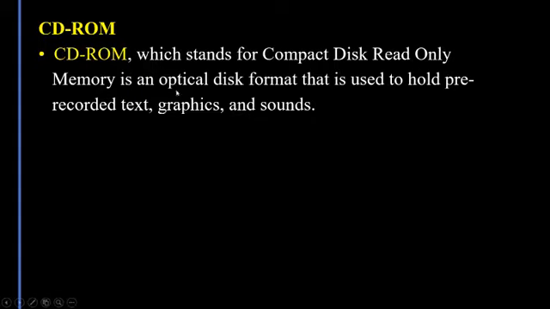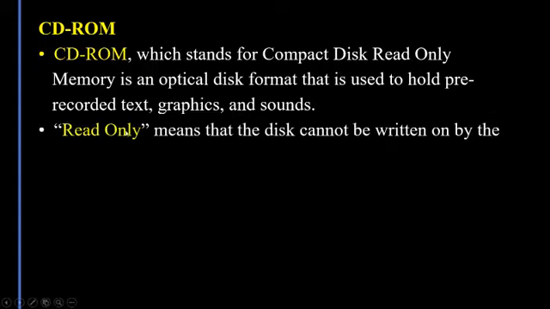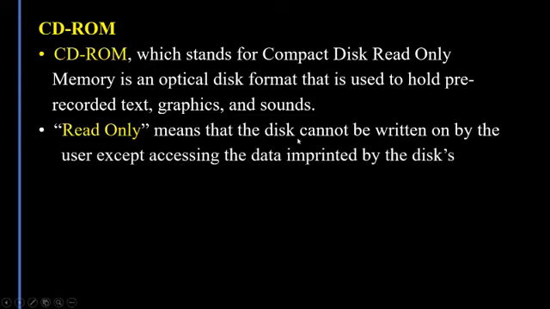The read-only means that the disk cannot be written on by the user except accessing the data imprinted by the disk's manufacturer, meaning that the CD-ROM comes when it is written, but we shall look at another type.